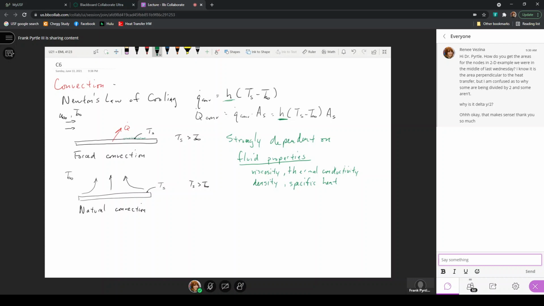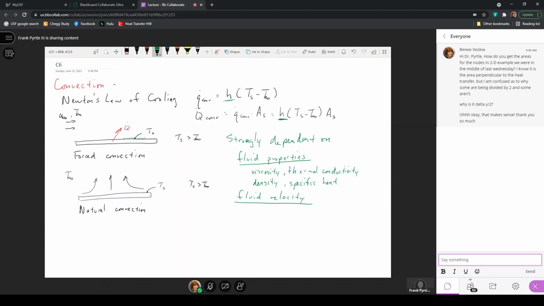Also, this heat transfer coefficient is going to be dependent on the fluid velocity. For either of these conditions, whether it's forced convection or natural convection, the faster those molecules are moving, the higher the heat transfer coefficient will be, and thus the higher that heat transfer rate will be.